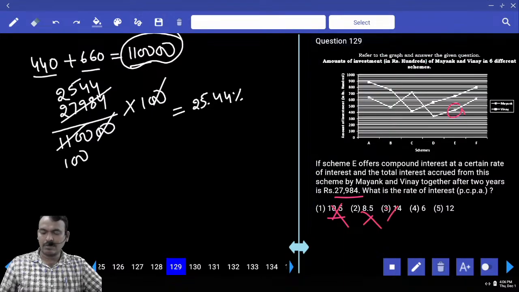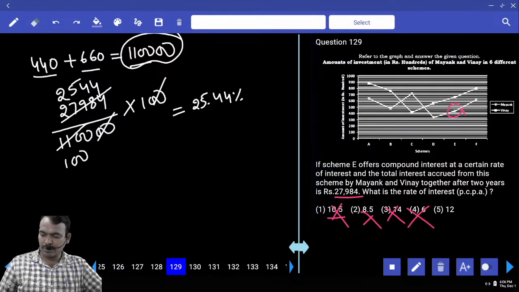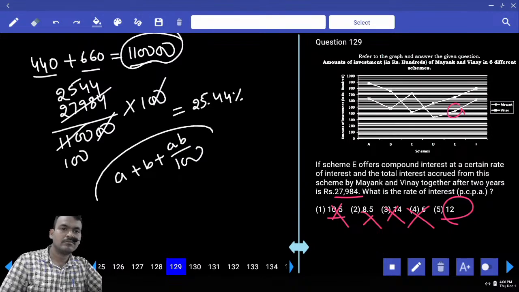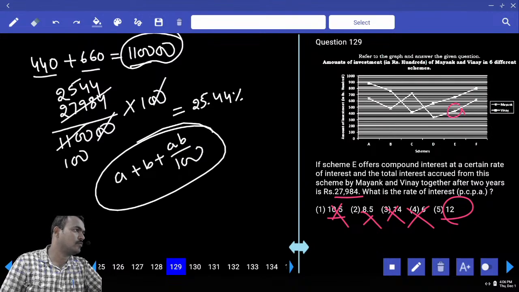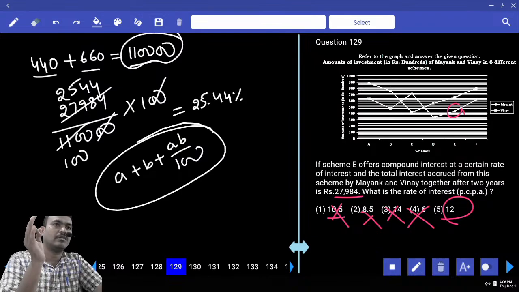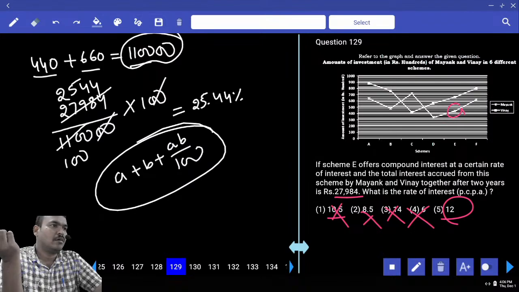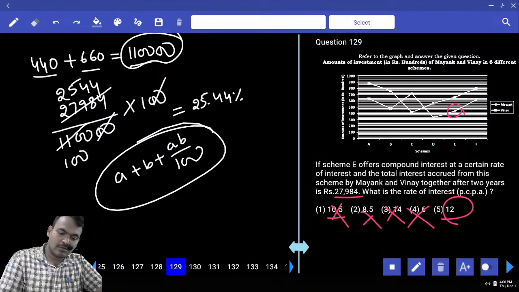No. Third option? No. Fourth one? No. But fifth one? Yes. What is the 2 years compound interest concept? A plus B plus AB by 100. Which one is satisfied? 12 plus 12 is 24. 12 into 12 by 100 is 1.44. Then answer is 25. What is the rate of percent? 12%.